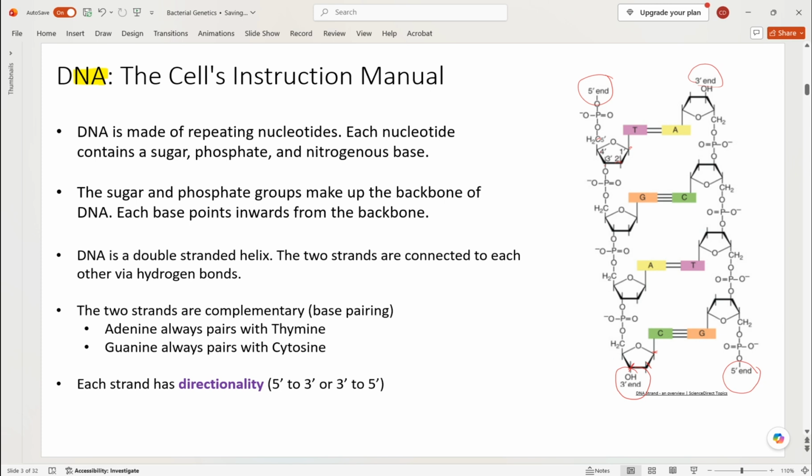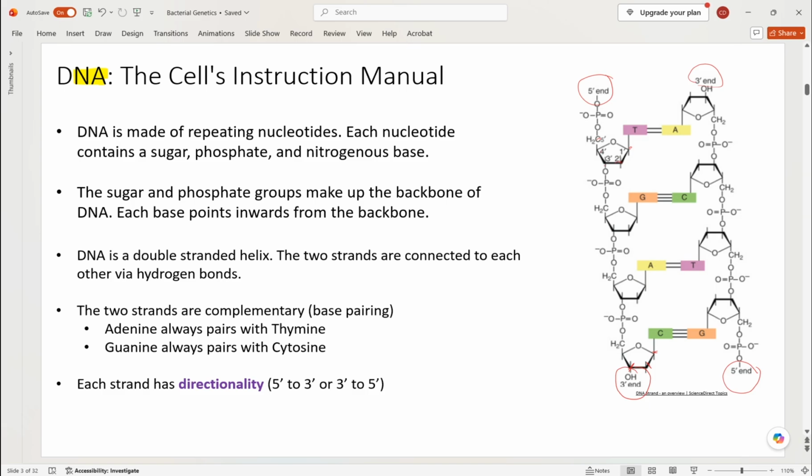There's a free hydroxyl group on that 3' end. And same thing if you look at the other strand, where the free hydroxyl is, it's the 3' end, and the phosphate is attached at the 5' carbon. So that's a detail I'm not going to ask you to remember, but that's just where the 3' and the 5' comes from. It's referring to the carbon that it's attached to.